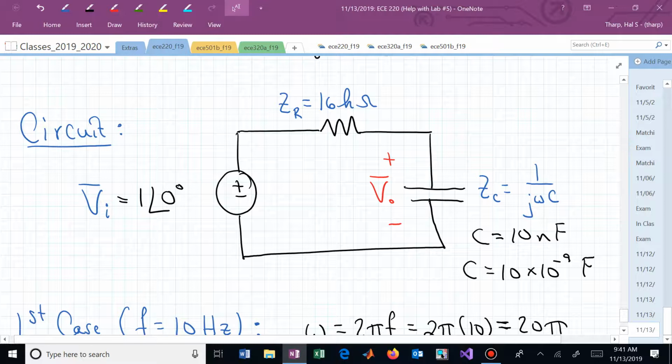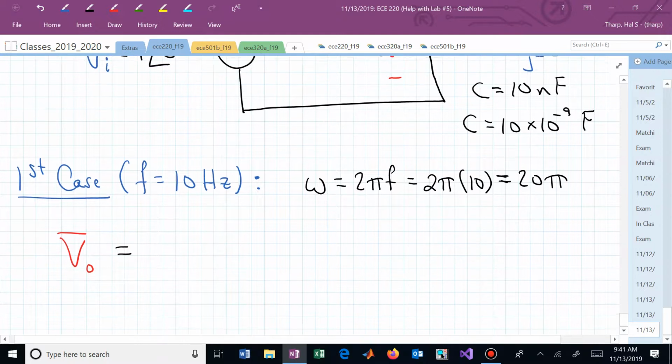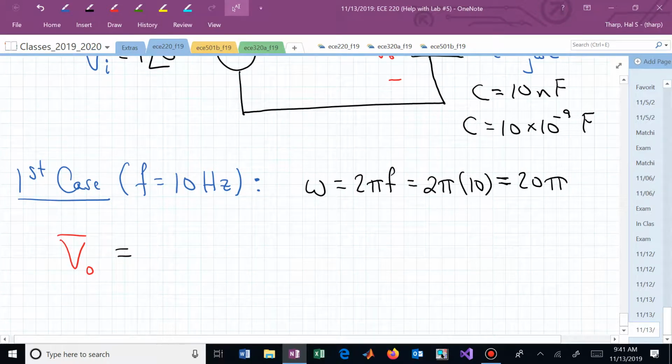Voltage divider. We can do that now in the sinusoidal steady state. We have an impedance, Z sub C, and we have a total impedance, Z sub R plus Z sub C. The voltage divider now, to give us V sub 0 bar, this phasor output, is just going to be Z sub C over Z sub R plus Z sub C times the input, V sub I. That's what we want to do here. We know what omega is.